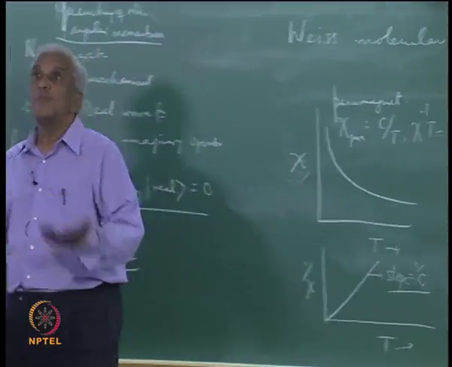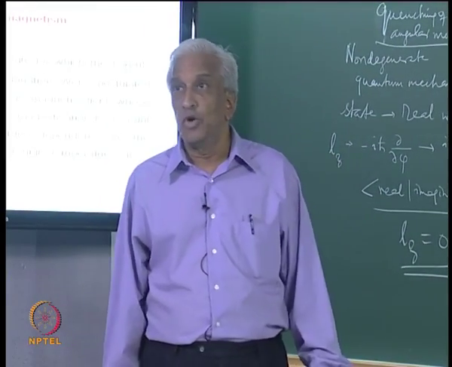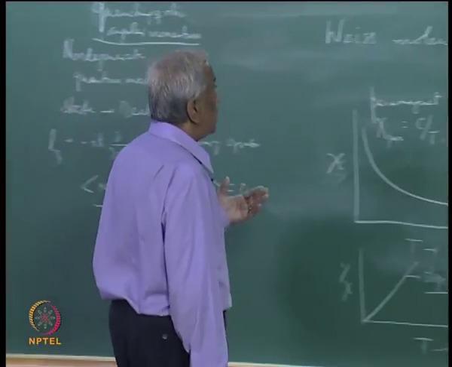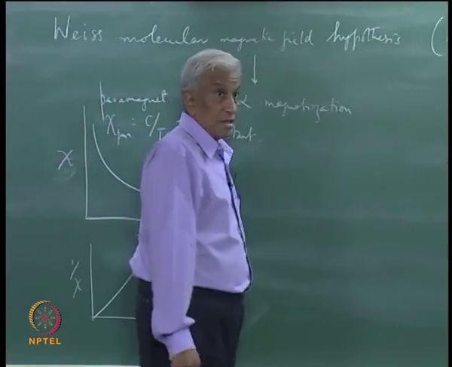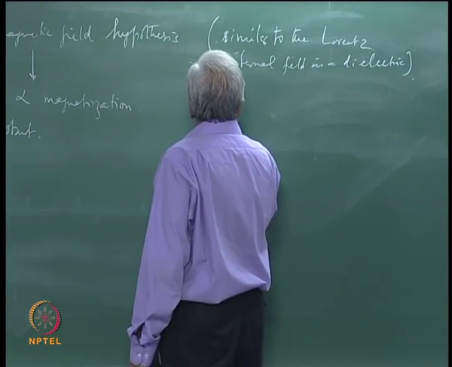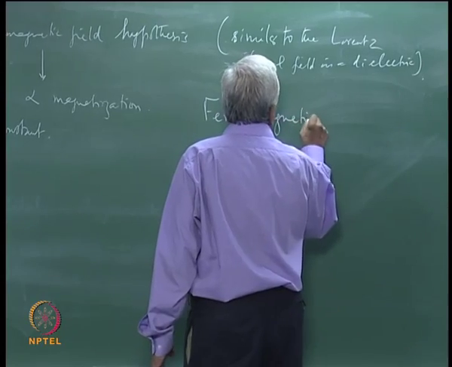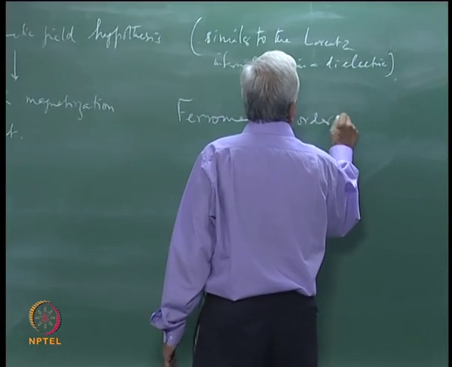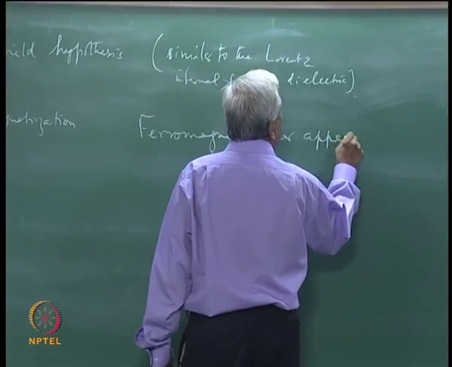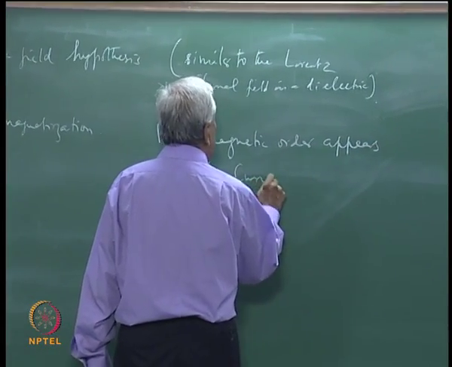As you will see, ferromagnetism is because of an ordering of the magnetic moments. So, the ferromagnetic order sets in at what is known as the Curie temperature.